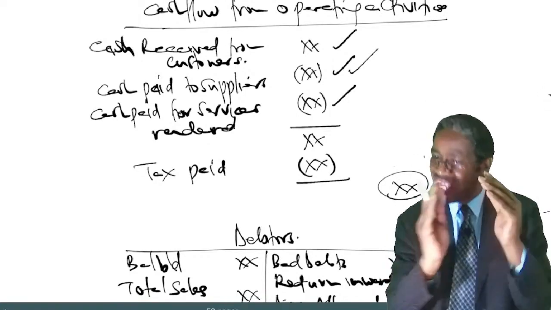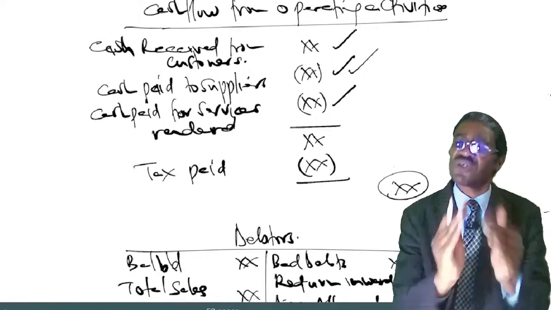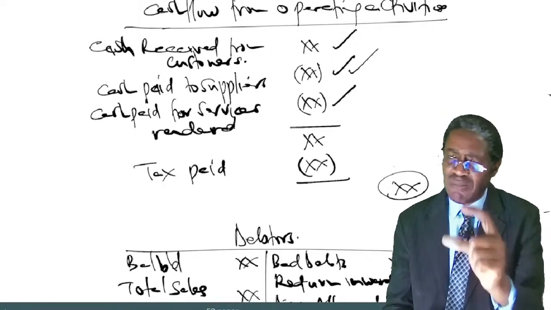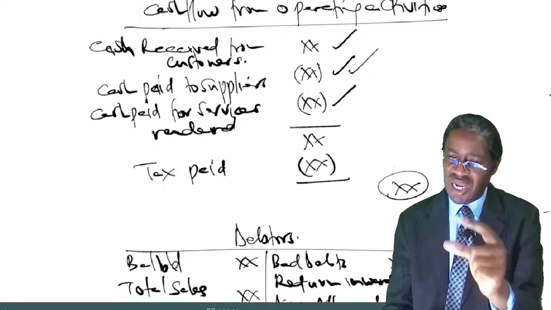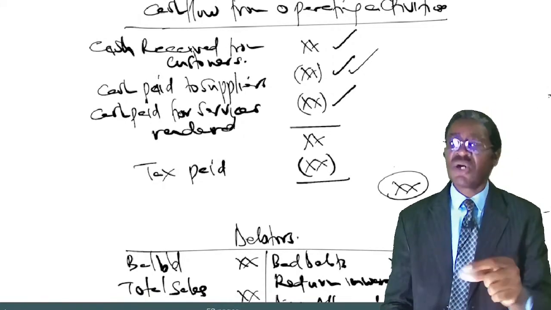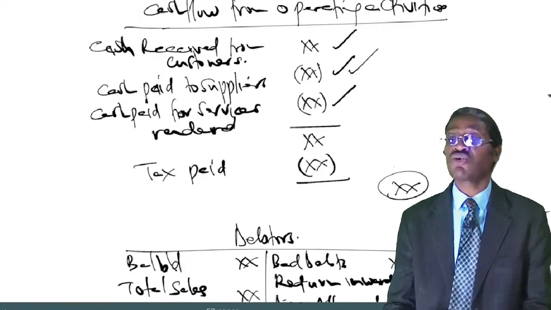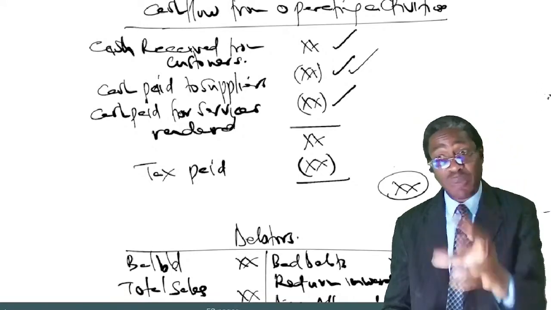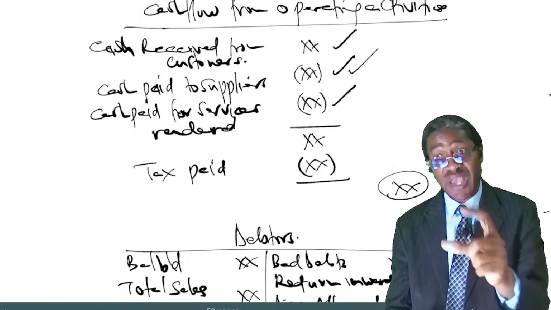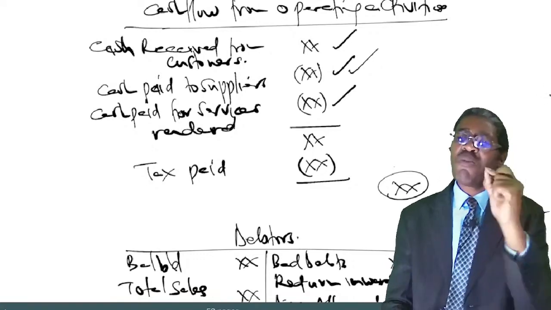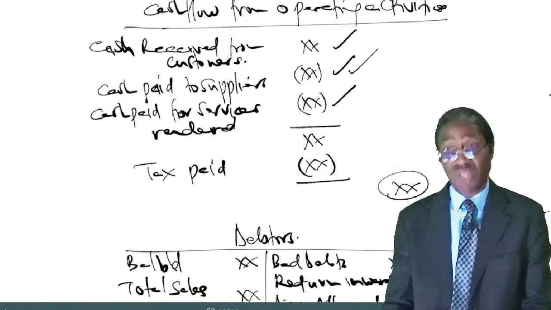Again, which kind of suppliers are we talking about? We are not only talking about credit suppliers. We are talking about even the cash suppliers, those suppliers from whom you bought goods on cash basis, and those from whom you bought goods on credit. To all of them, how much did you pay?